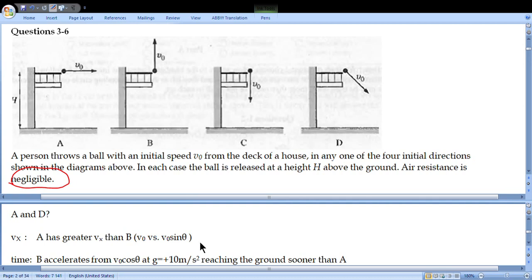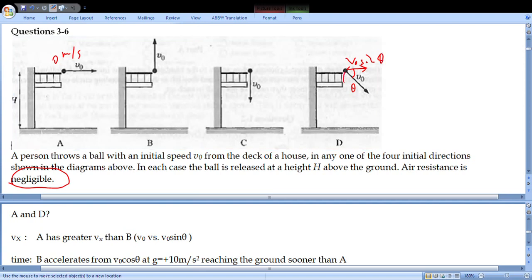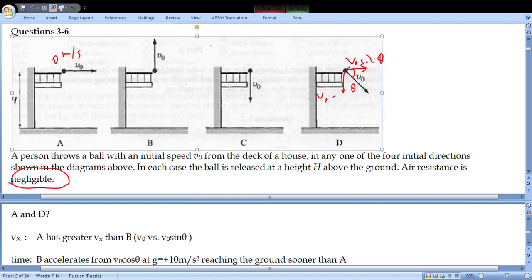We have some component, v0 sine theta, if this is angle theta. What about time? A is falling from 0 meters per second vertically, and in D we have some component v0 cosine theta.